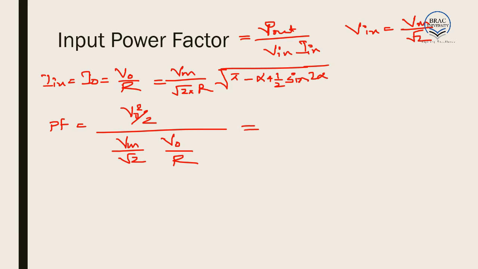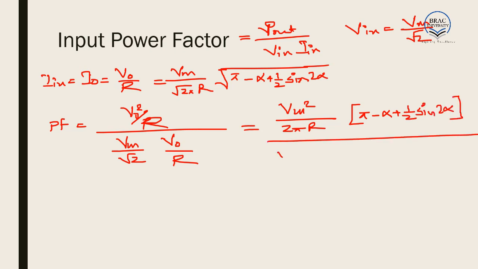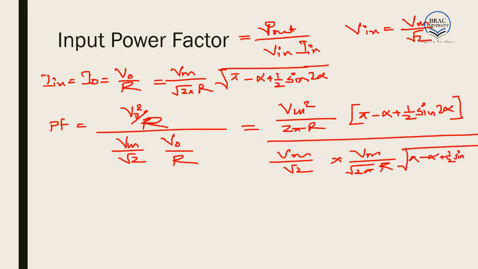This can be modified as V naught square by R becomes Vm square divided by 2 pi R, pi minus alpha plus half sine twice alpha, whole divided by Vm by root 2 into Vm by root 2 pi R, root of pi minus alpha plus half sine twice alpha.